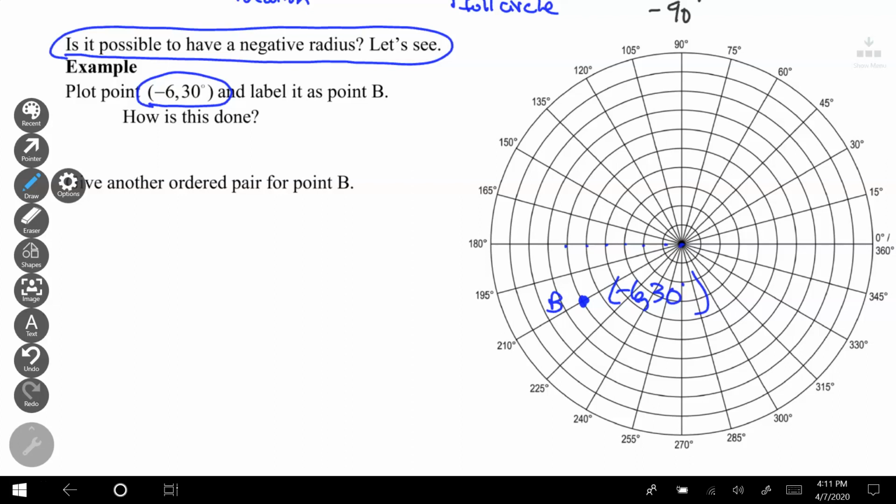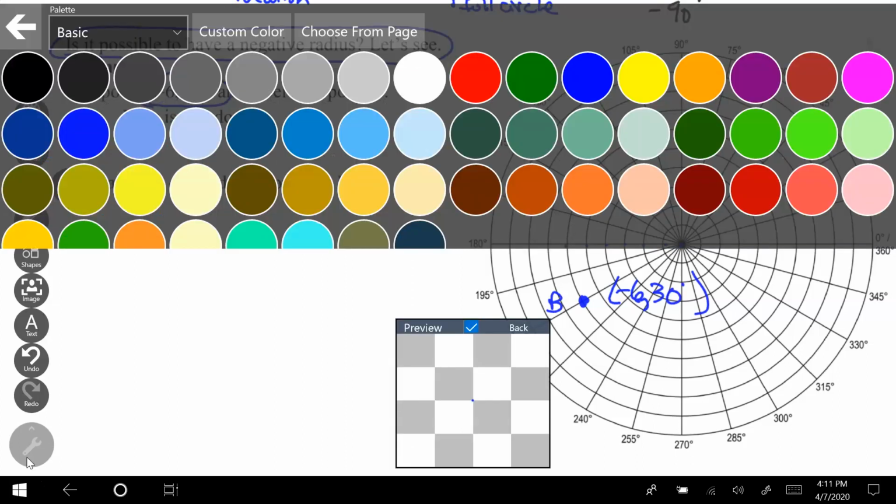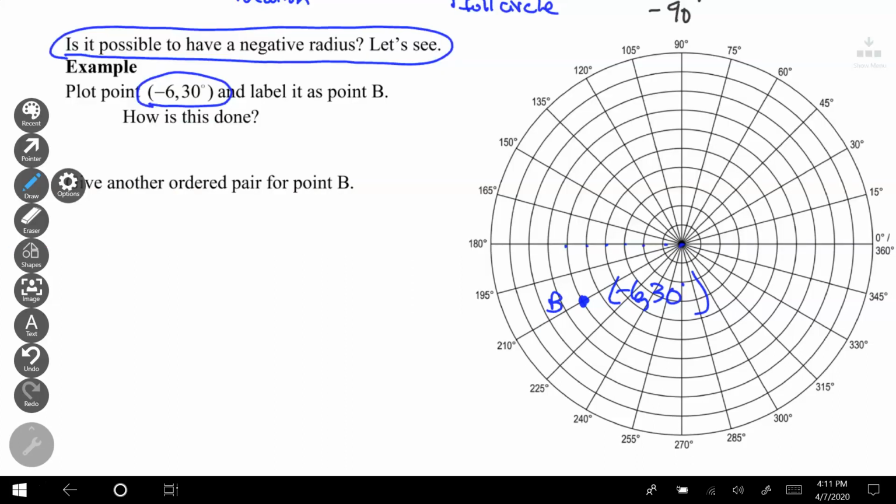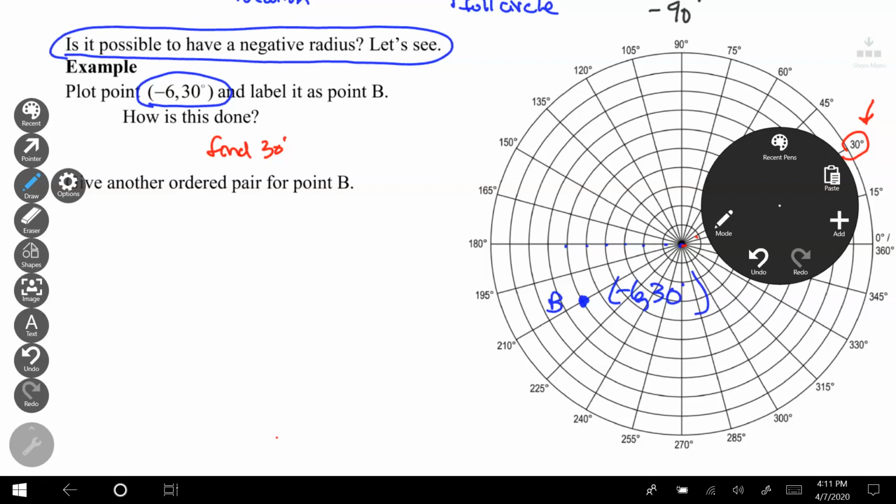That's one way to do it. Another way to do that, and I'm going to do it in red, is to find a 30-degree angle line, which is right here. And if I start at the origin, if I go this way, 1, 2, 3, 4, 5, 6, that point there is not the point I want.